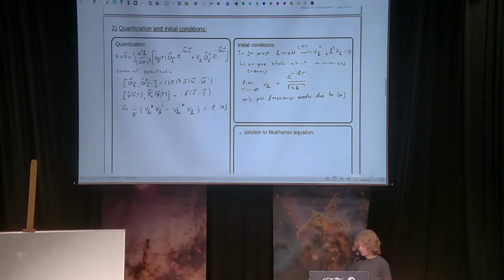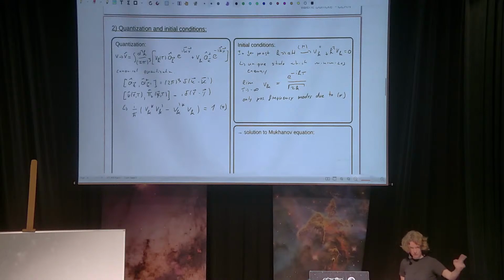Because one is the quantization condition, the other one is that in the infinite past we really need to follow the harmonic oscillator equation, which we know how to solve. So now we can go back to our Mukhanov equations with initial conditions that we know and simply solve the equation of motion.